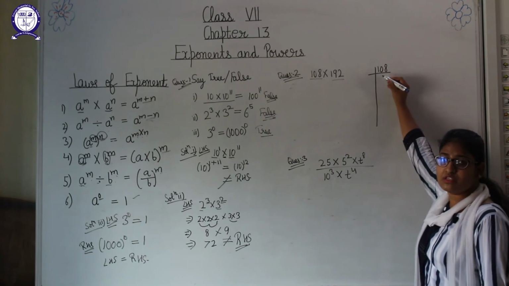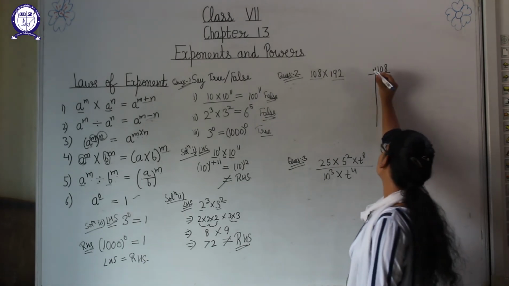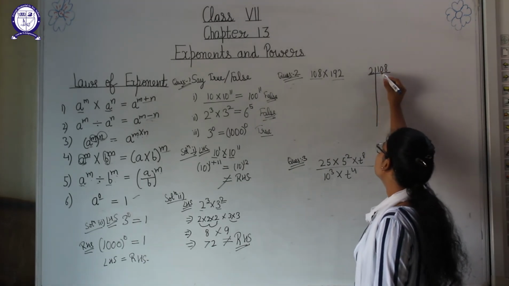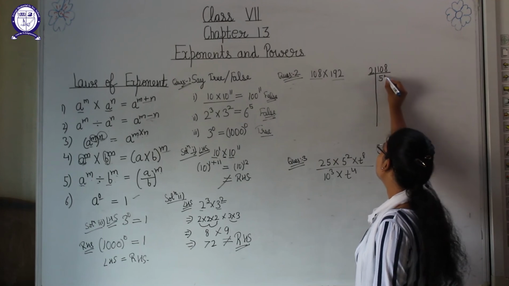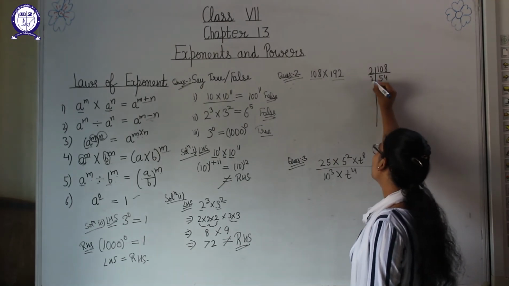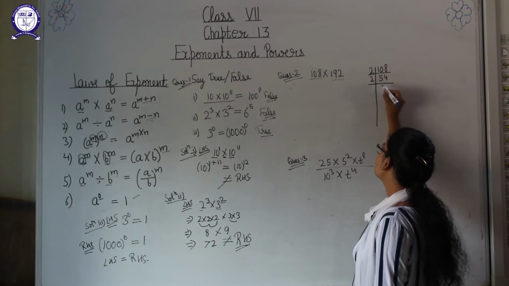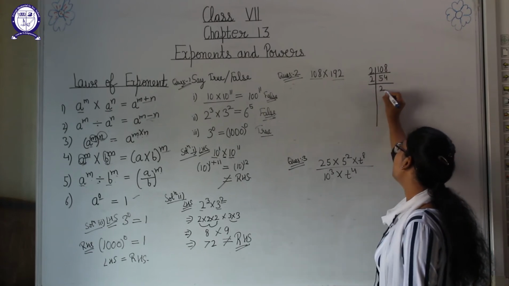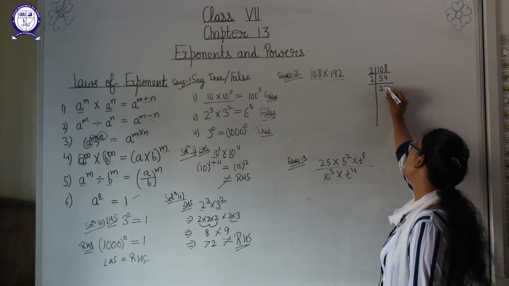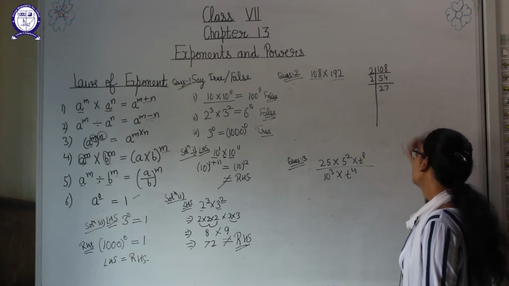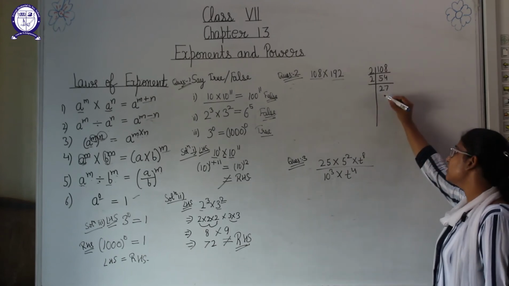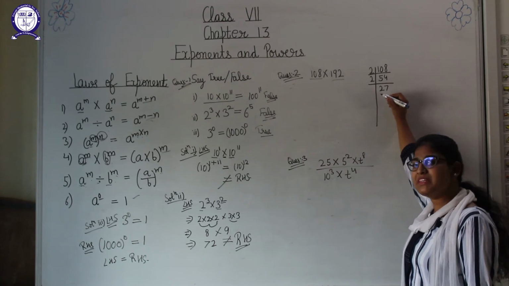Here we know that 108 can be divided by 2. So we will divide it by 2. Now 5 2s is 10 and 4 2s is 8. Now again we will divide it by 2. So 2 2s is 4, and here it will be 14, means 7 2s is 14. Now this is 27. It will not be divided by 2, but it can be divided by 3.